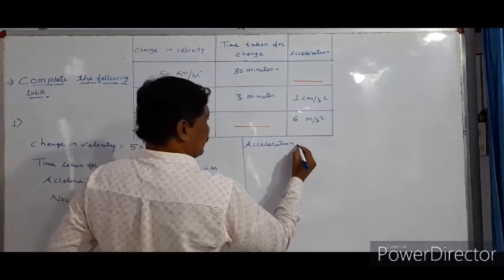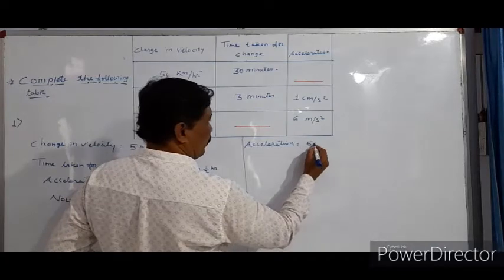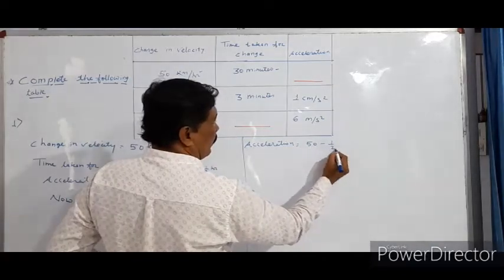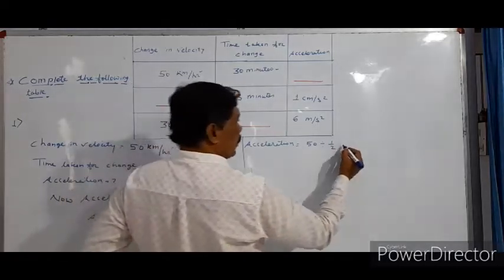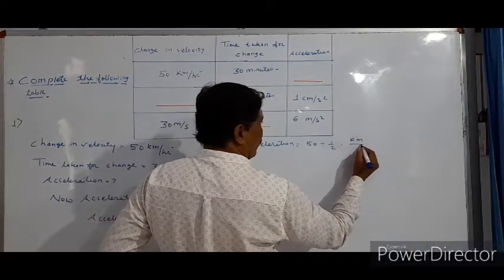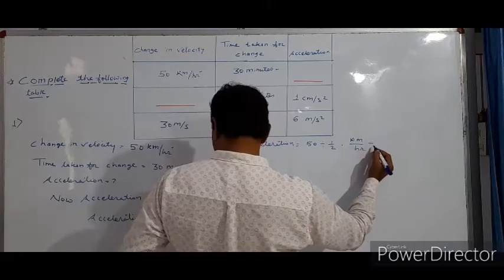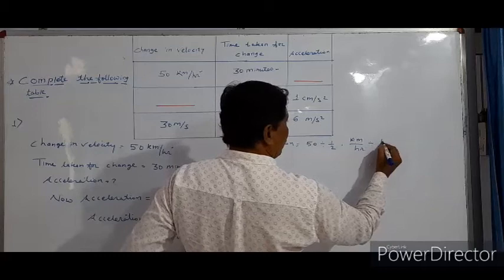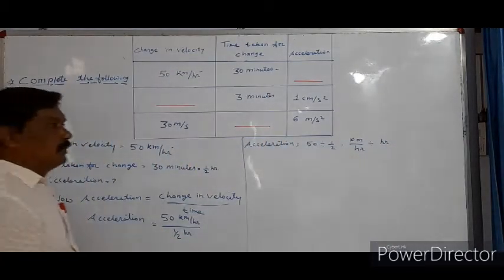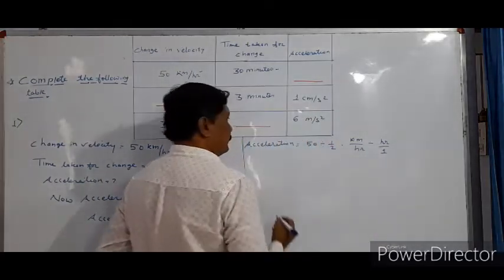Acceleration is equal to, we can write it in this way, 50 divided by half, and the unit also we can simplify, that is kilometer per hour divided by hour. We can write it this way. Here there is nothing, so we can take it 1.